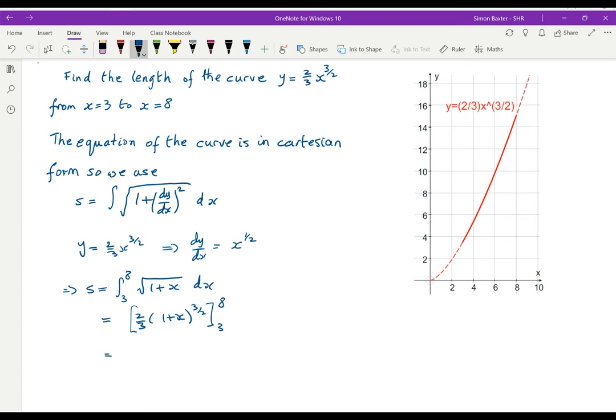Putting the 8 in, I get 2 over 3, 1 plus 8 is 9, 9 to the 3 over 2, which is going to be 27, minus 2/3 of 1 plus 3 is 4 to the 3 over 2. And if you work that out, you get that s is equal to 12 and 2/3.